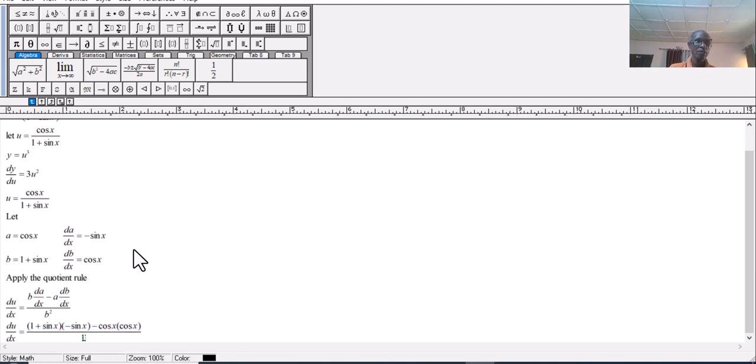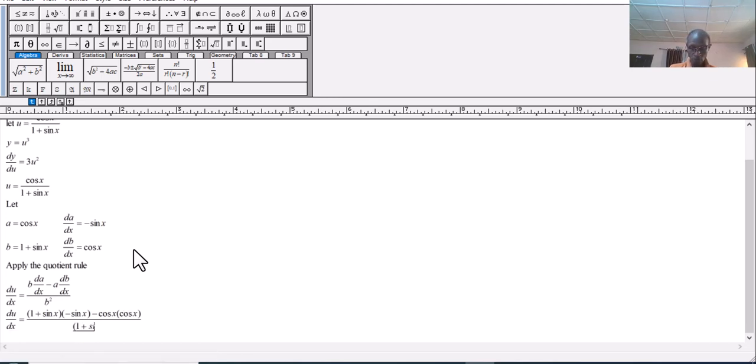Our b squared is 1 plus sine x all squared. So let's work on this. Open up the bracket for the numerator. So you have minus sine x minus sine squared x minus cos squared x, all over 1 plus sine x all squared.